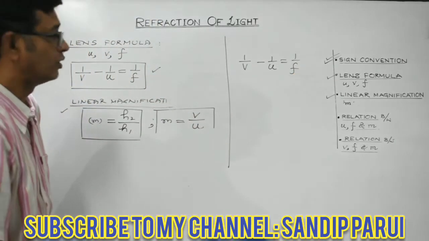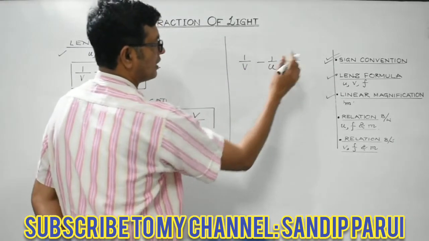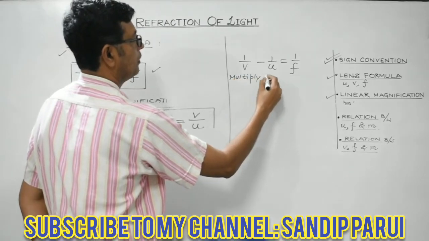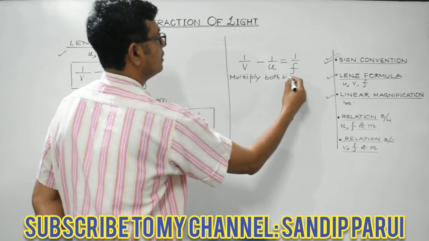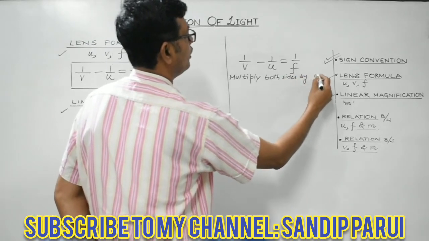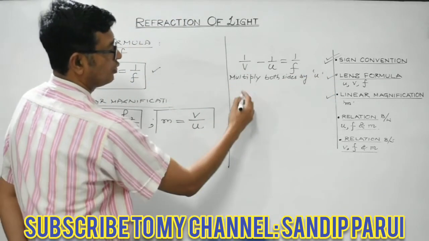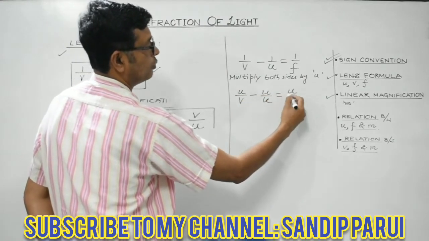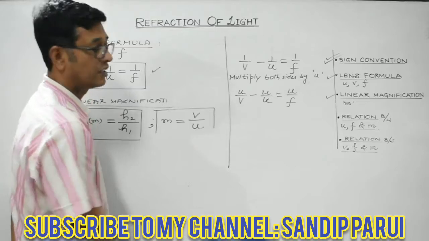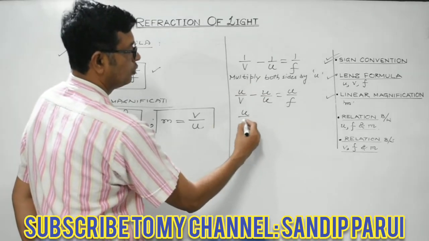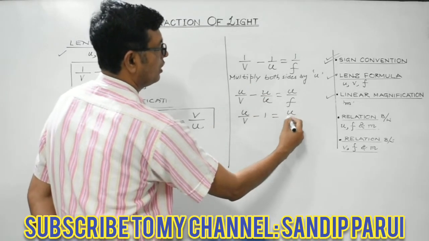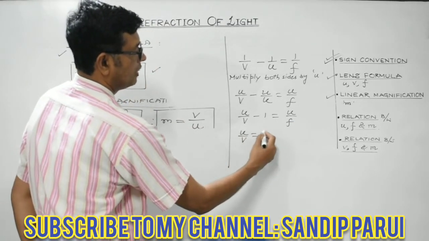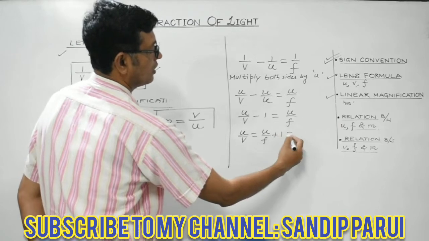So what to do is, students, let's multiply both sides by u. So what we get is, over here we will get u by v minus u by u is equal to u by f, isn't it? We can write it like this. So the next step will be u by v minus 1 is equal to u by f, or u by v would be equal to u by f plus 1.